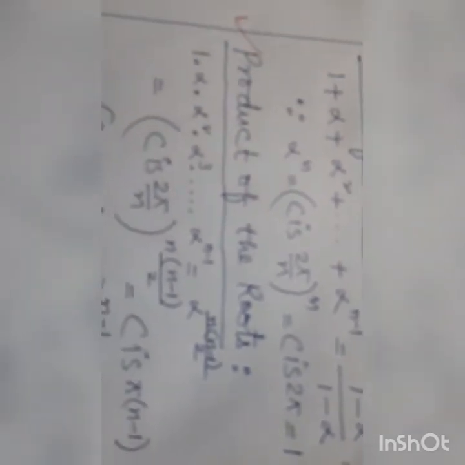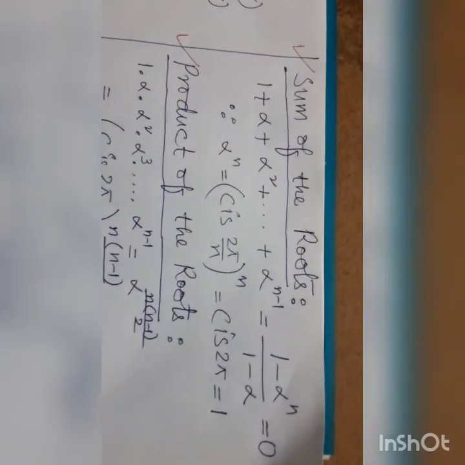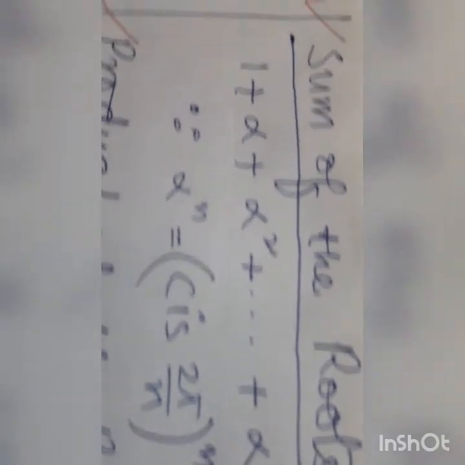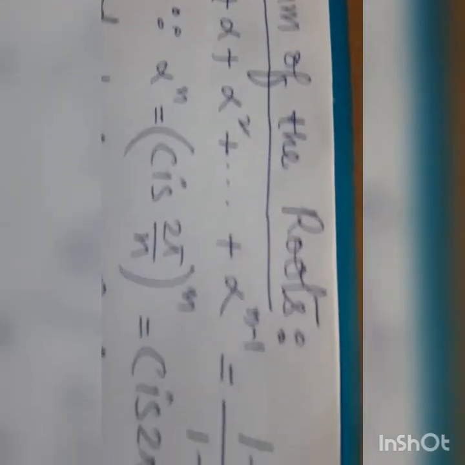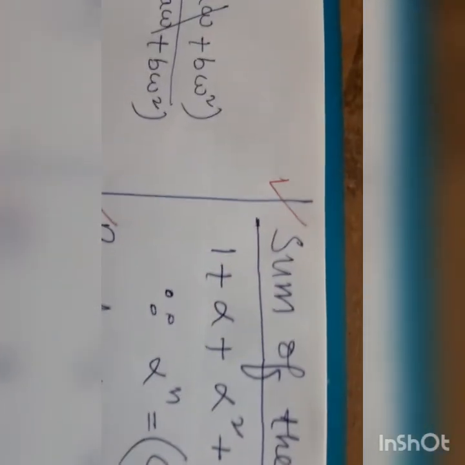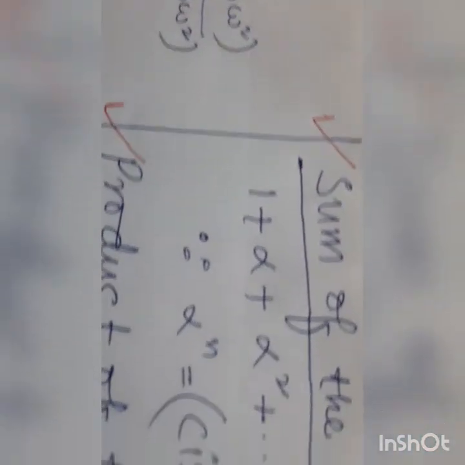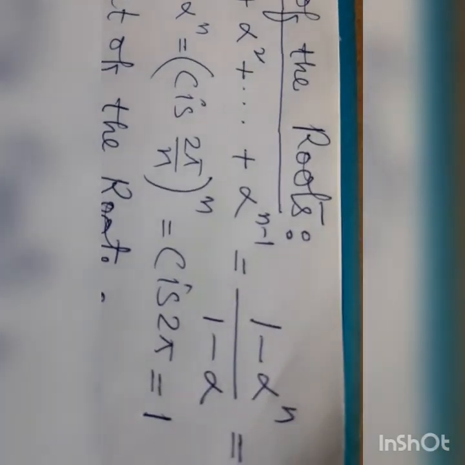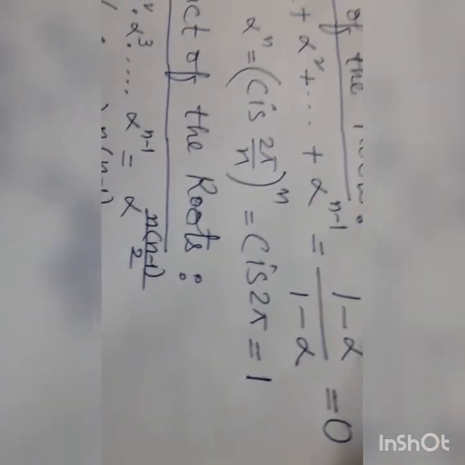Therefore, cis 2π equals 1. Therefore, the sum of the nth roots of unity, 1 plus alpha square plus so on plus alpha to the power n minus 1, equals how much? 1.